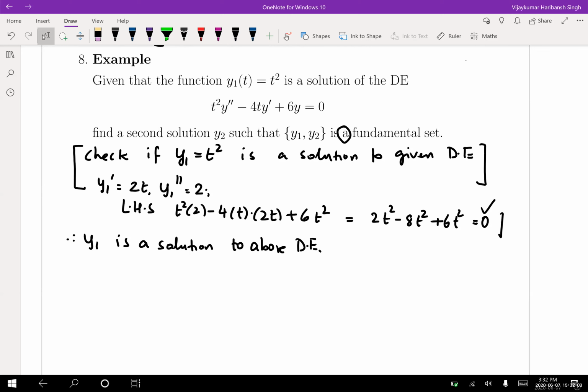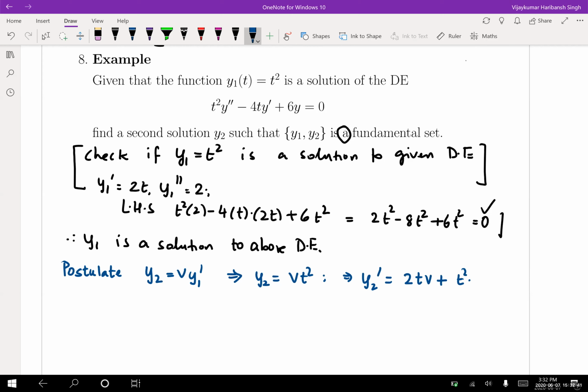So now postulate y2 equals v times y1, which is the same as y2 equals v times t squared. This implies y2 prime is 2tv plus t squared v prime.